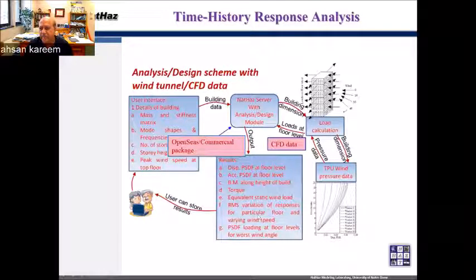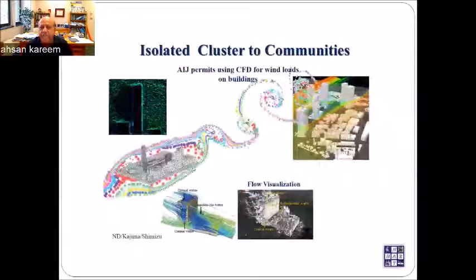This is just one example. Also later on, this output from the CFD can be used to drive some experiments in the wind tunnel or outside the wind tunnel using some different devices, which I'm coming to in a little bit. So the hope is that we go from an isolated building to a cluster of buildings or communities.